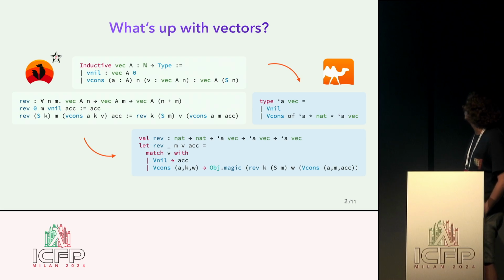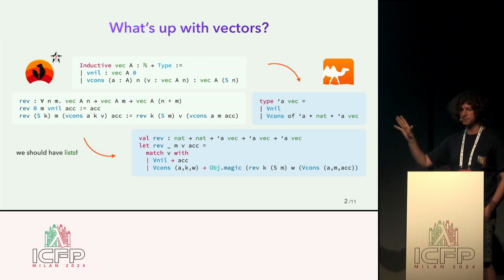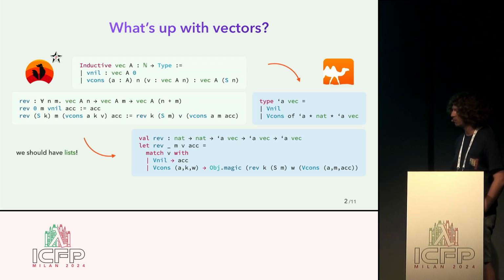And if you just look at how you would extract the rev function, then you get something very stupid where you still carry around all these natural numbers. Actually, you see that the pretty printer knows that one of those is useless because it just uses an underscore, but it's still around. And depending on how you set things up, you might even have some Obj.magic here that is also useless. But yeah, so what you would really like to have is just lists, right? Because you have the invariant in the dependent type world, and then you just forget about it.